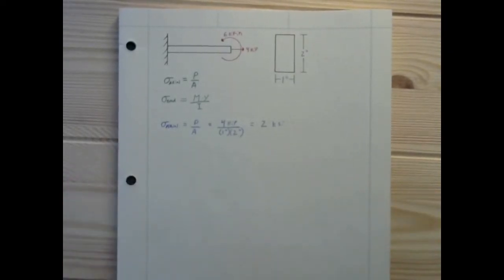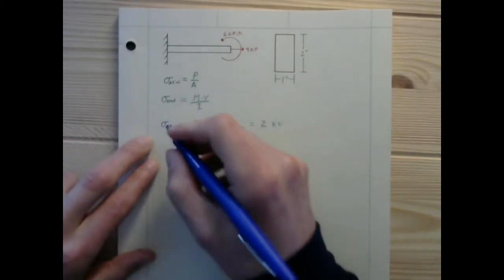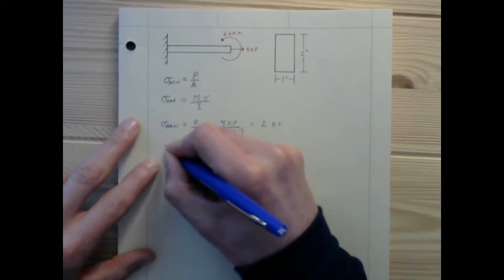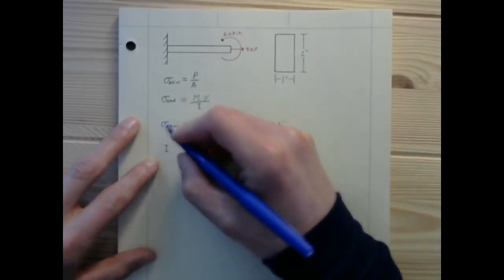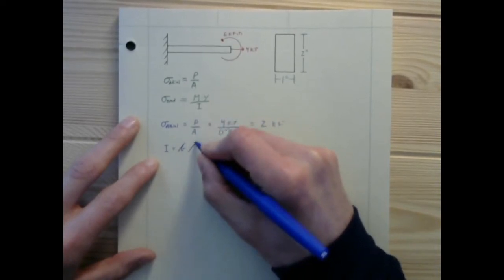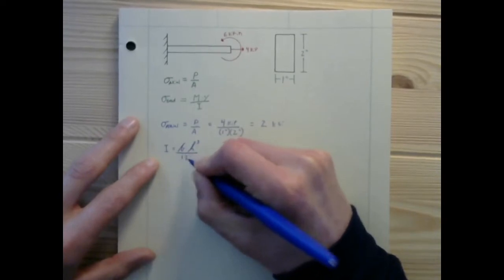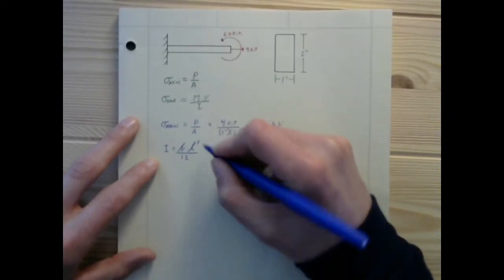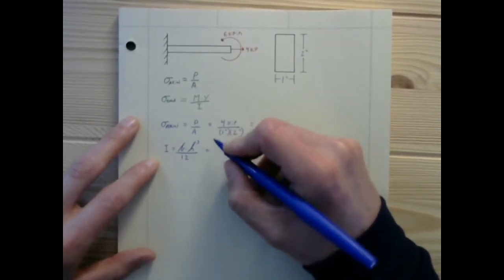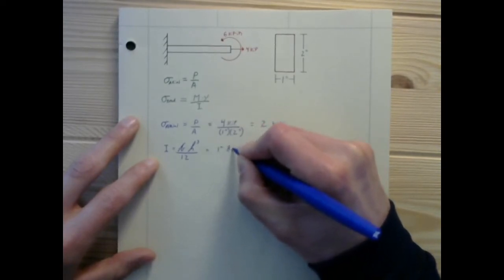Alright, now, for the bending stress, we are going to need a second moment of inertia. Let's go ahead and find that now. It will be base times height cubed over 12 for a rectangle, which will be 1 inch times 8 inches cubed.